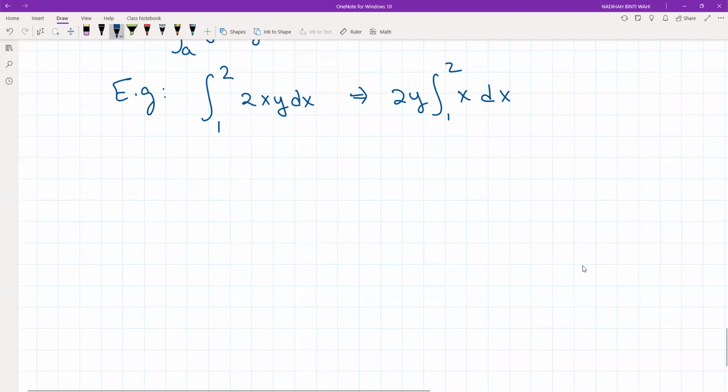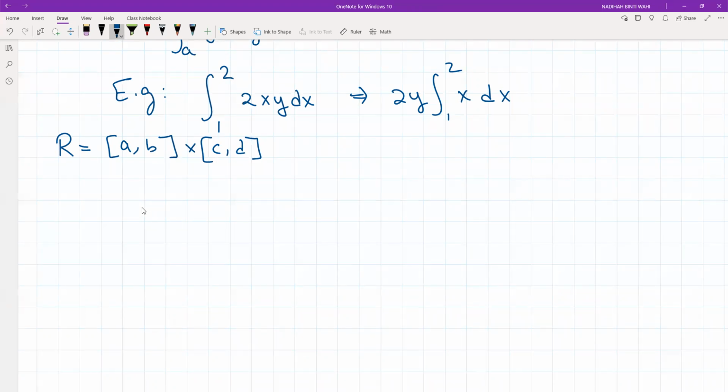Okay, let's see. If we combine the whole thing, let me remind you that the region is still in AB cross CD. So x from A to B and y from C to D. Okay, same thing kalau kita buat, let's say we have from this region.